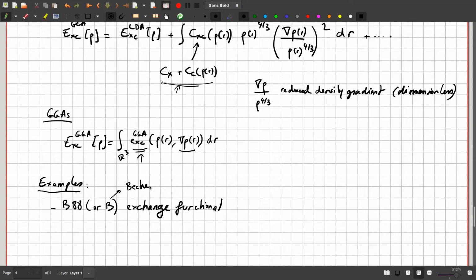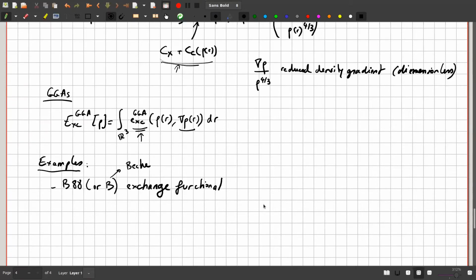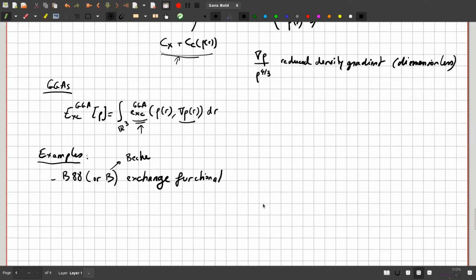And it contains one empirical parameter, which is fitted to Hartree-Fock exchange energies of rare gas atoms. Okay, and it is quite used, and now it is often combined with a correlation functional known as LYP correlation functional.